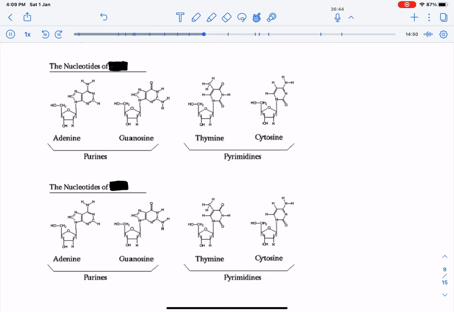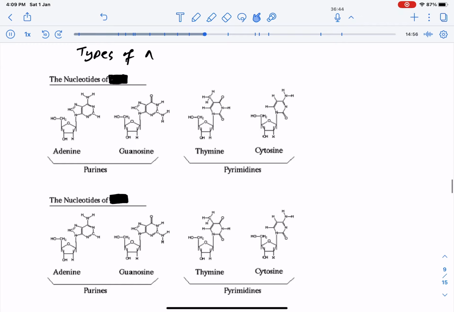There are a total of 8 different types of nucleotides: 4 nucleotides of DNA and 4 nucleotides of RNA.